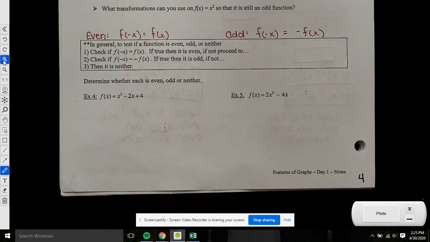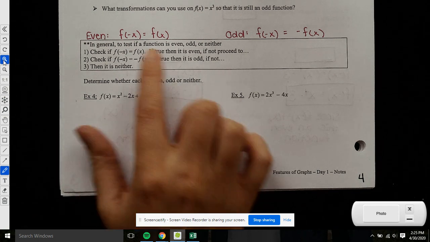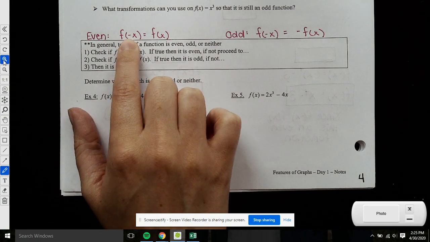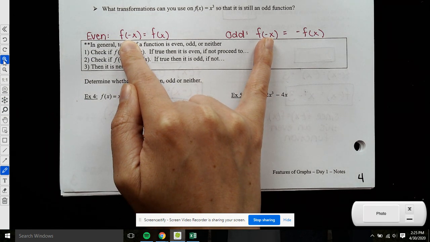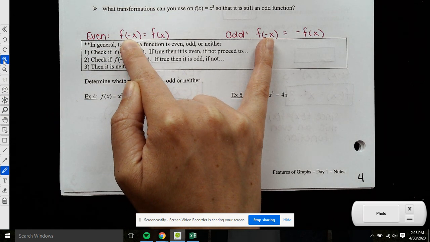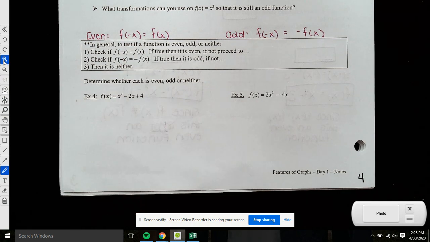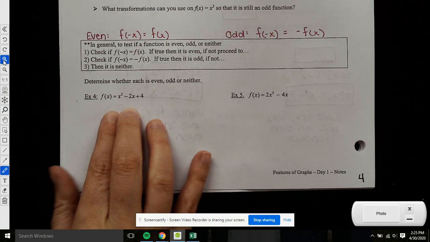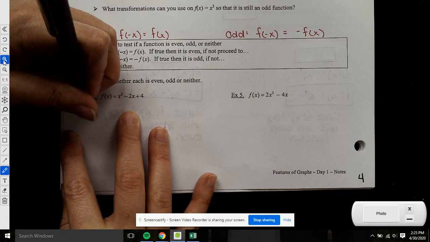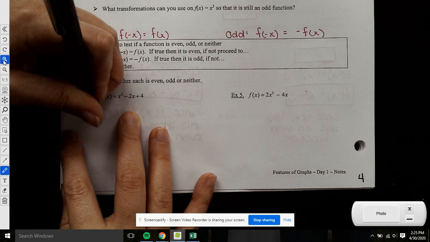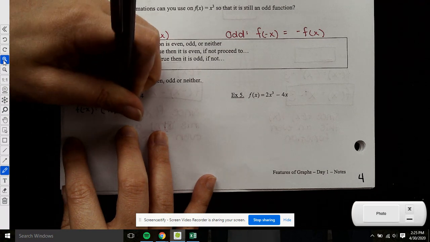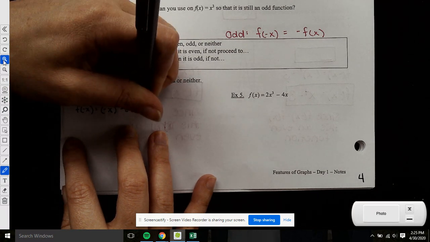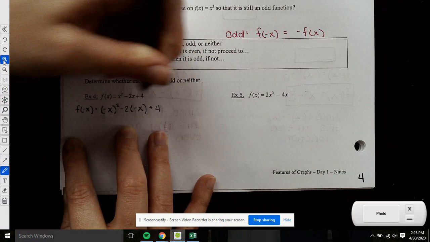So I always start a problem like this by starting with f of negative x, because you notice f of negative x is in both of these. Regardless of if I'm testing for even or odd, I need to figure out what f of negative x is. So I'm going to go to example 4. F of negative x would be negative x squared minus 2 times negative x plus 4.